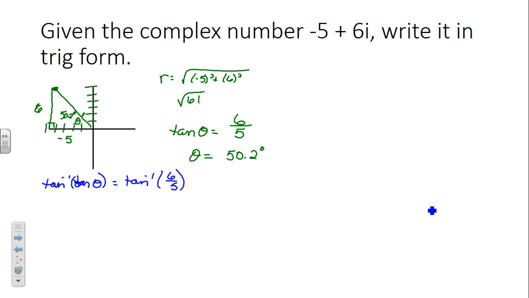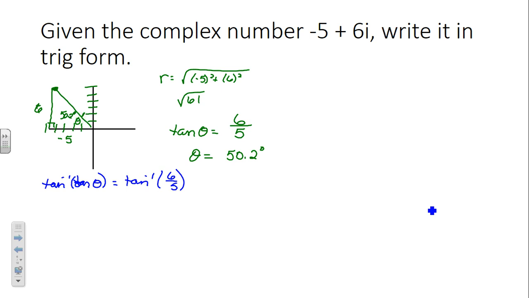And the reason we're not using the negative is because the inverse tangent is only defined in 2 places, the first quadrant and the fourth quadrant. Make sense? So you still use the inverse tangent, but instead of 6 over -5, just use plain old 6 over 5. And that's going to give you your reference angle. That reference angle is 50.2.